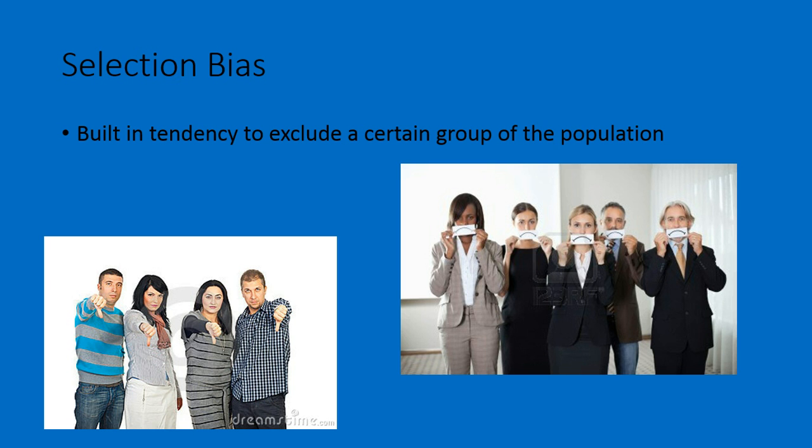And it could be just based on a certain group of the population. I mean, if you're only asking people in North Carolina what type of foods they like, it's going to be different than if you're saying, okay, well, the most common food in America that everybody eats is rice and beans. Just because it is for that certain area doesn't mean it is for the rest of the country. Okay, so you have some built-in tendencies, and that's called a selection bias.